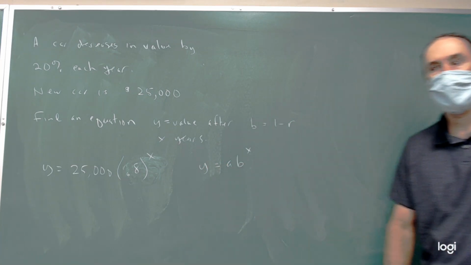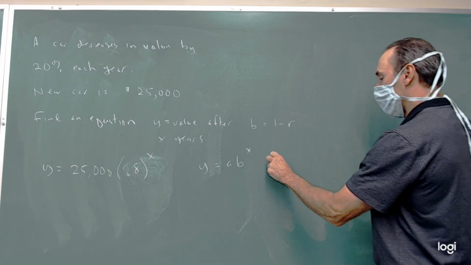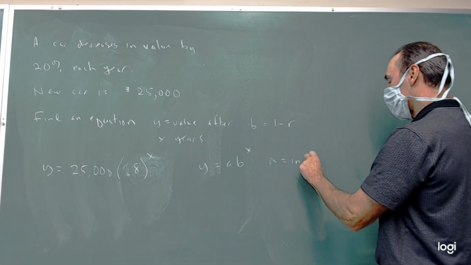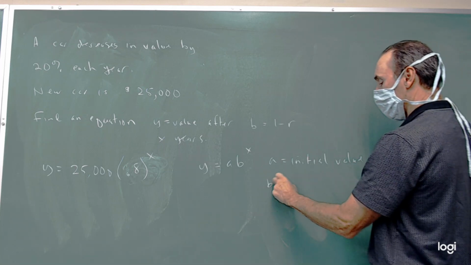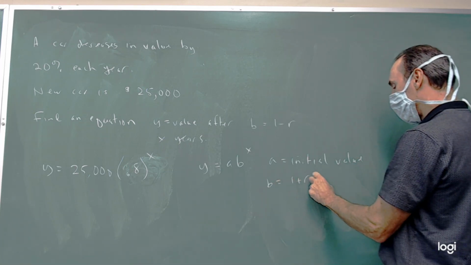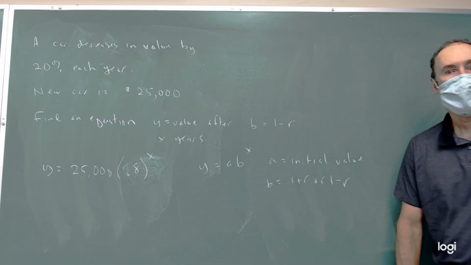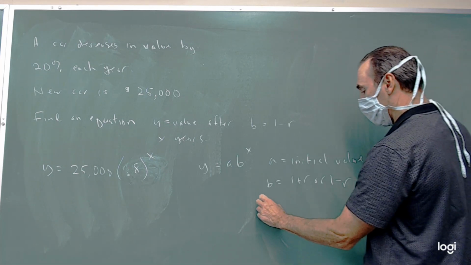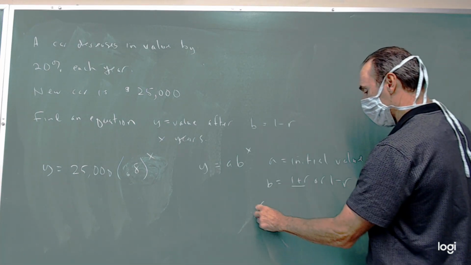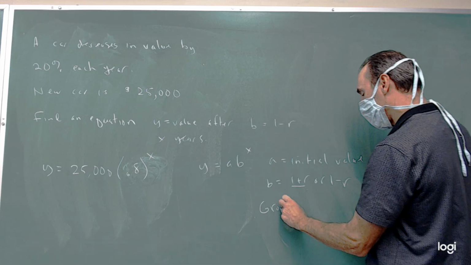Okay, so what we're seeing is that when we have y equals a b to the x, the a is going to be what we have called our initial value. The b is going to be either a 1 plus r or a 1 minus r, depending on if this is increasing or decreasing. And when it's increasing, we call this an exponential growth function.